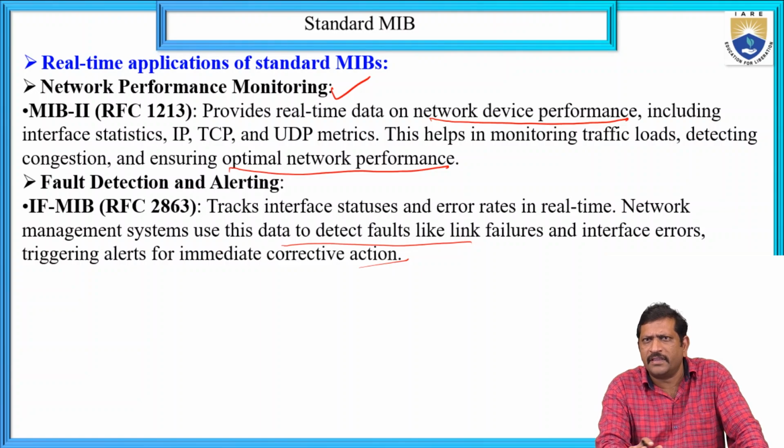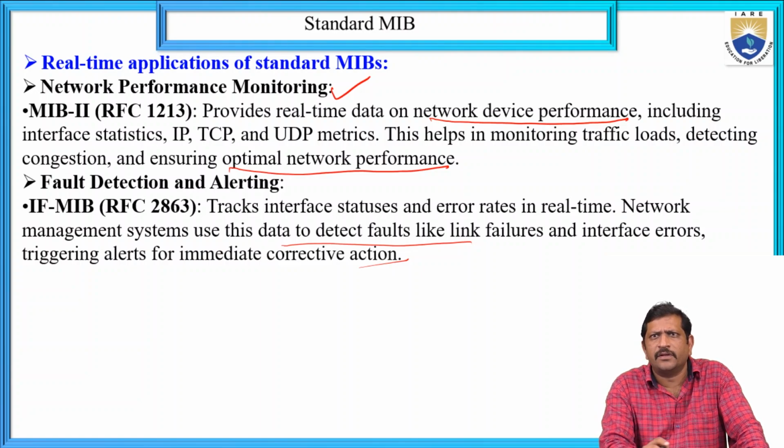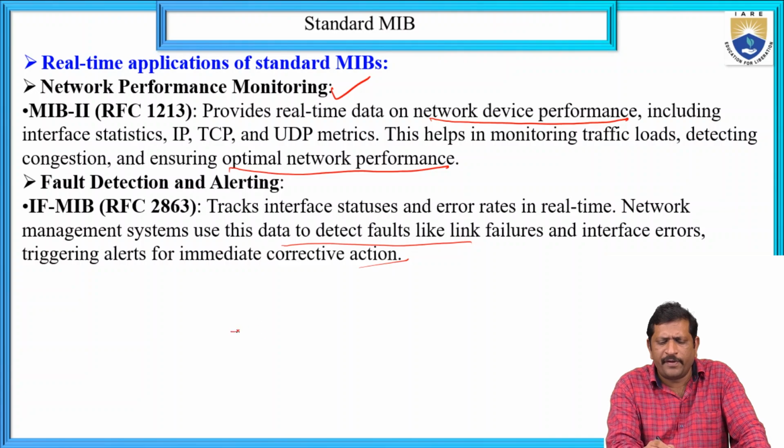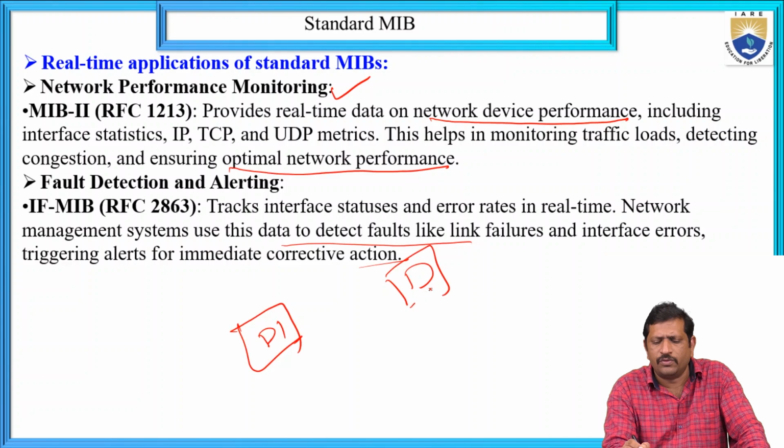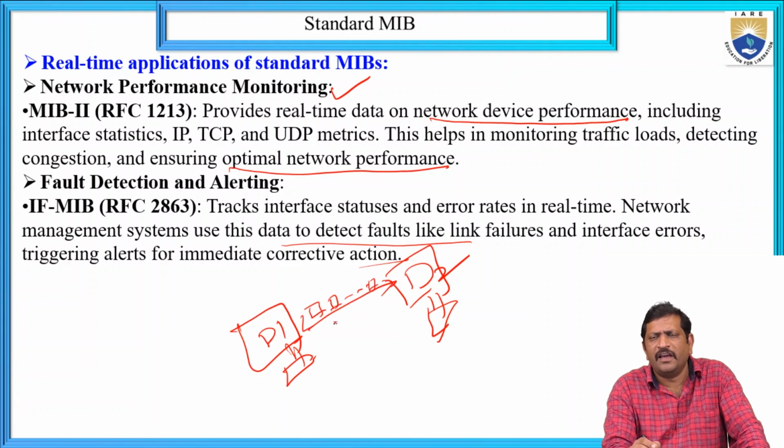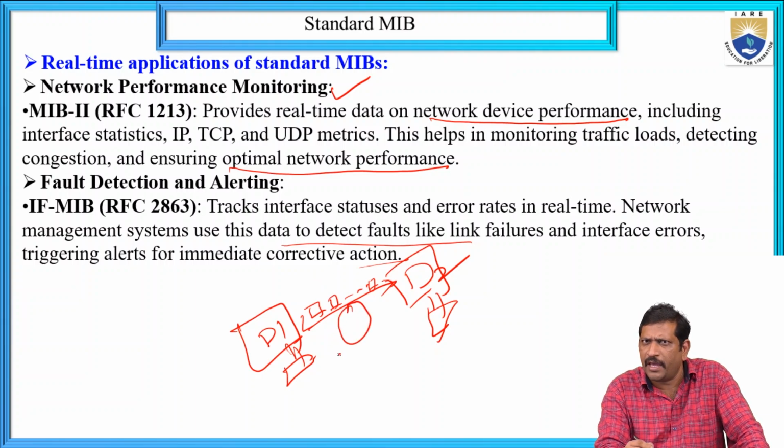While transferring data between two devices, some routers may fail. Here is device 1 and this one is device 2. While transferring the data between device 1 and device 2, some data will fail. This happens whenever routers are damaged, network connectivity is lost, or there are problems in switches.